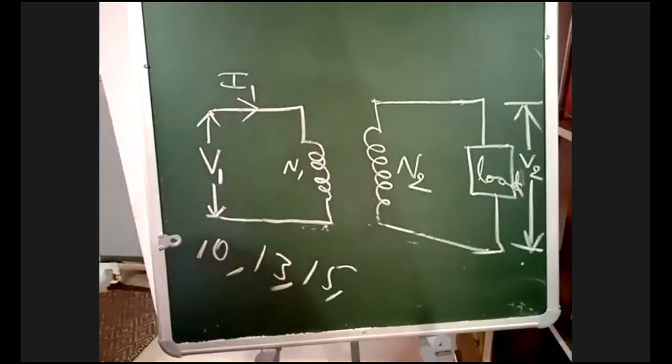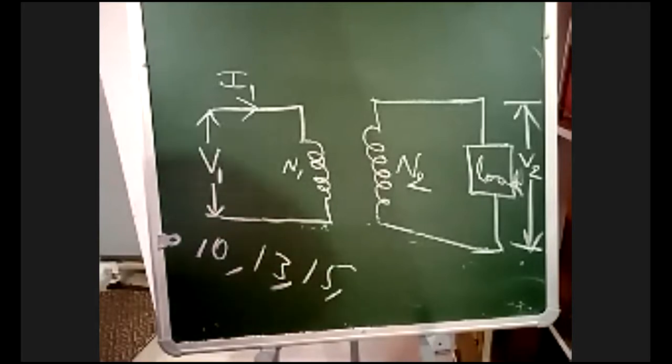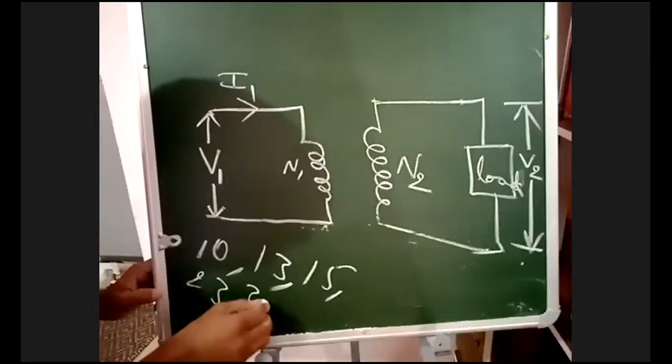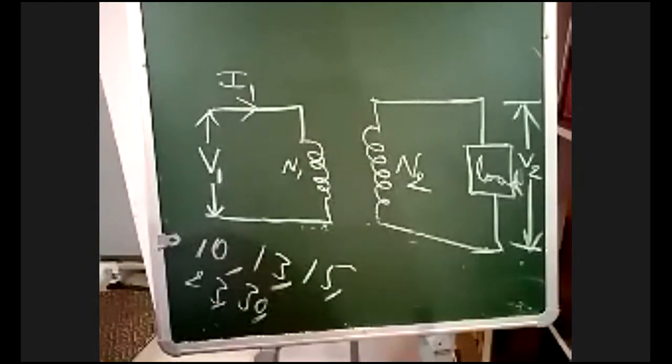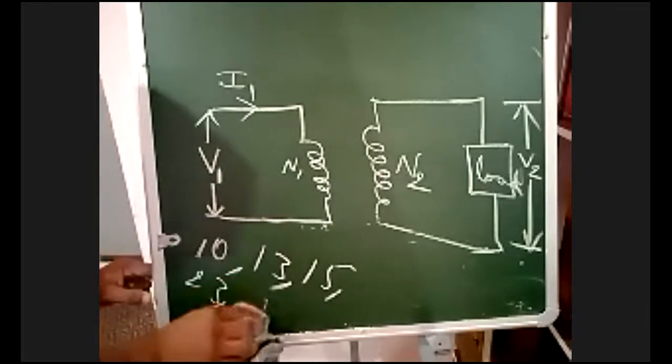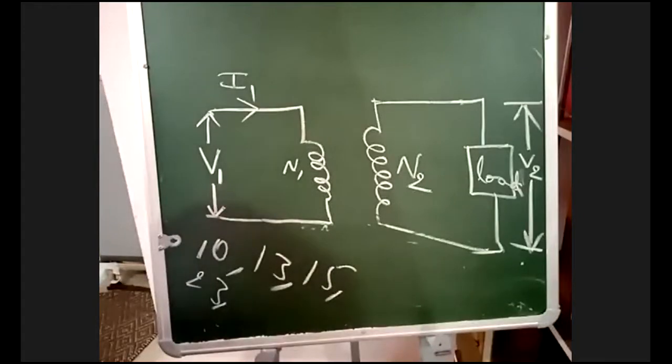Yes, sir. 23. 30. Sir, 30 present, sir. Okay, 4 are absent: 10, 13, 15, and 23. Okay, now we can exit the class.